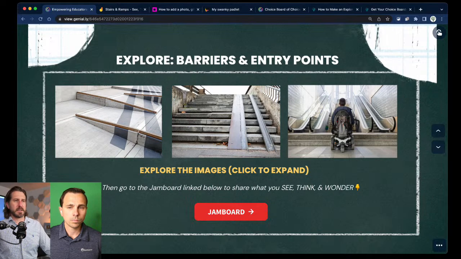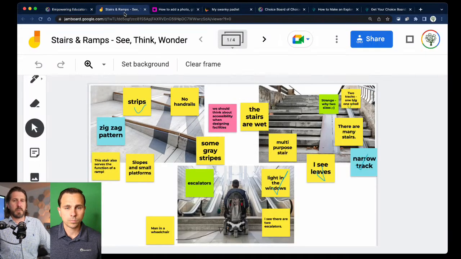So the purpose is to elicit that curiosity, to start to build schema for folks so that they have a stronger understanding when you get to the part where you're going to do some explanation. You'll also notice that because I created an activity for Jamboard, this gives people an opportunity to have some authentic practice in an application, using an instructional strategy, See, Think, Wonder, that they could potentially use with students as well.